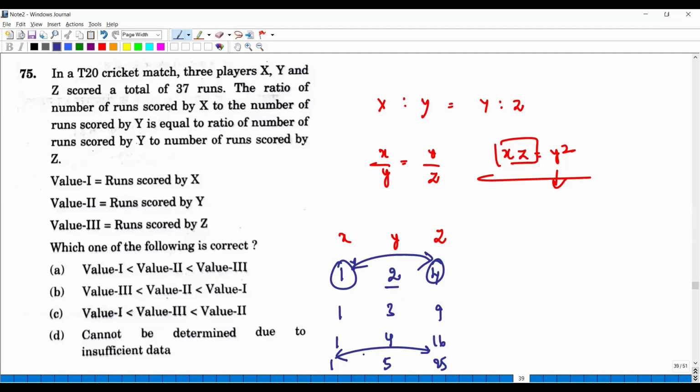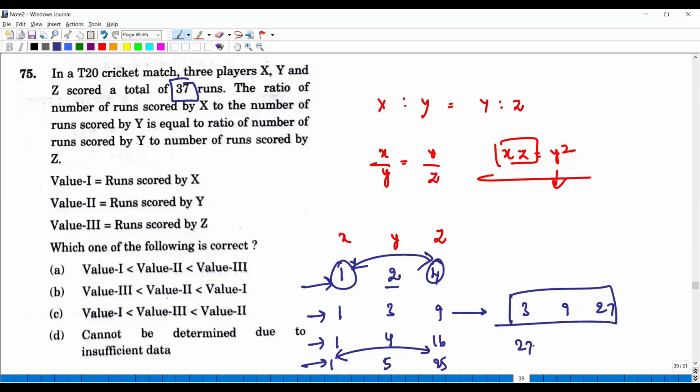So like that you can do it. So totally they are scoring what? You can take the multiples. For example, if it is 3, it is 9, it is 27. We are getting 37 runs. So overall they scored 37 runs is given. 3, 9, 27, put together is 37.